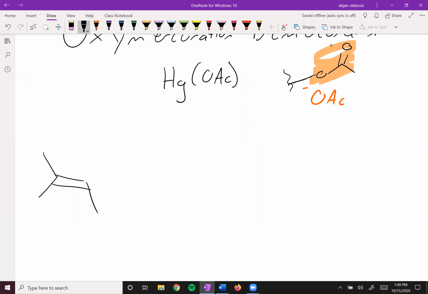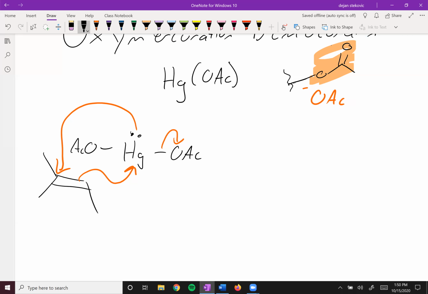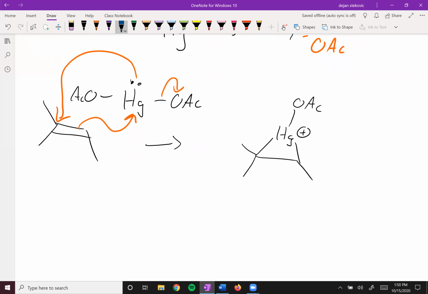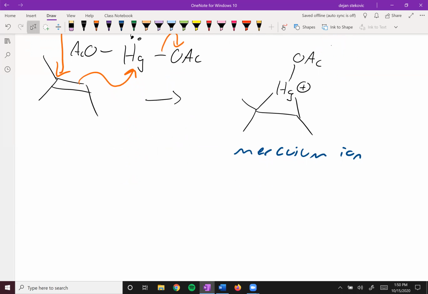And so it kind of depends which source you read, but basically what happens is we have our mercury acetate, our alkene will attack our mercury, kick off an acetate, and then this lone pair can then attack our carbon compound to form this three-membered ring with a mercury here. So this is called a mercurium ion, right? We have this positive mercury here.